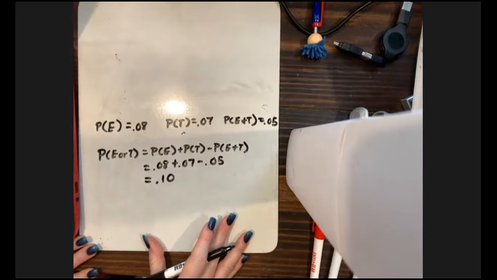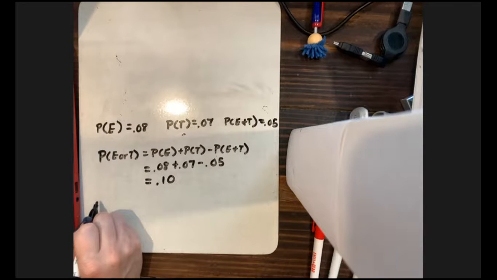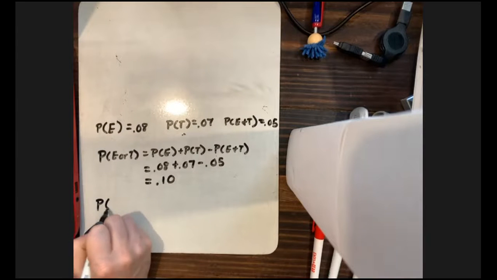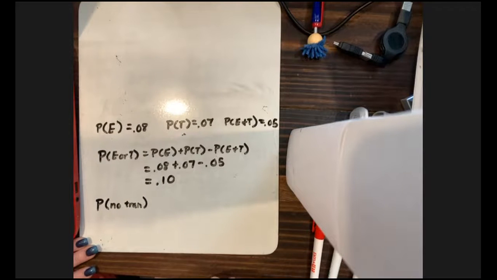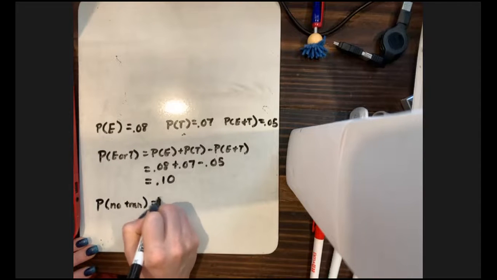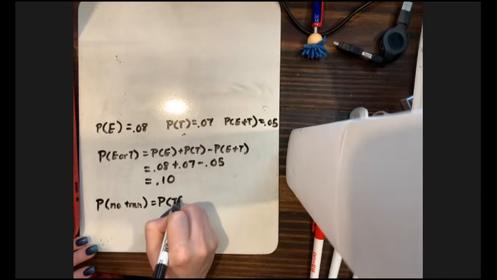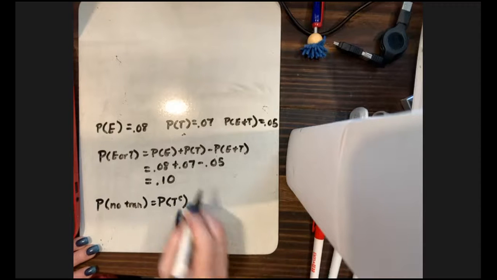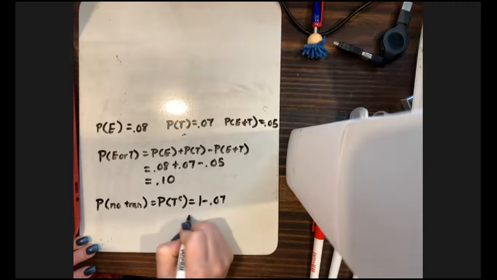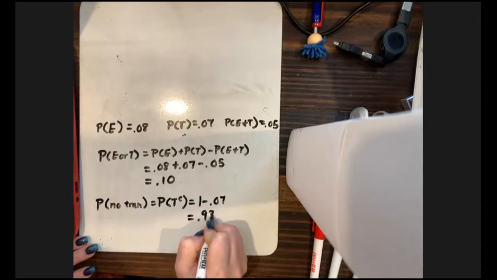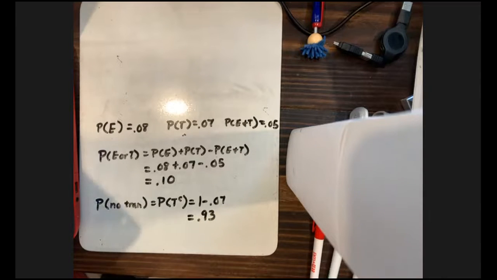Now, with this same setup, they ask what's the probability that it needs no transmission work. Well, that's going to be the complement of transmission. So that's 1 minus our 0.07, which is 0.93. Okay. So we can see how that's done.